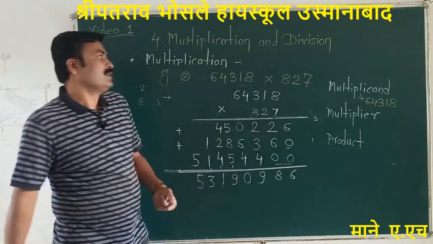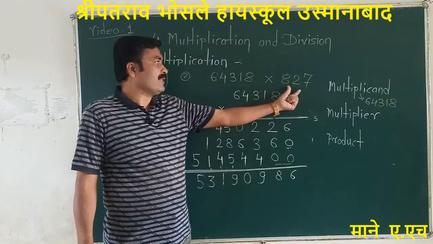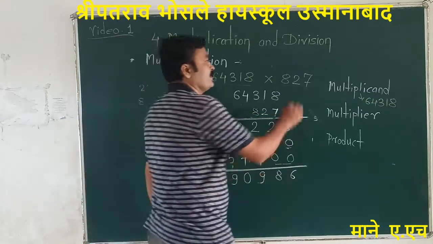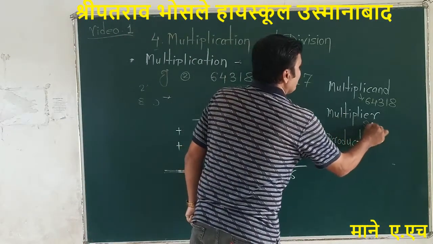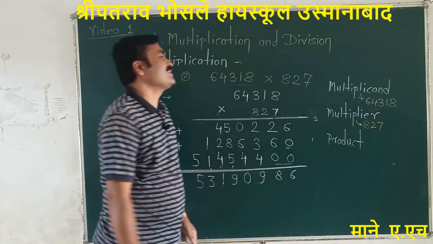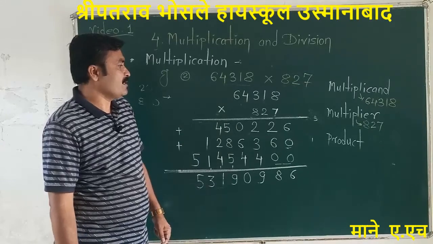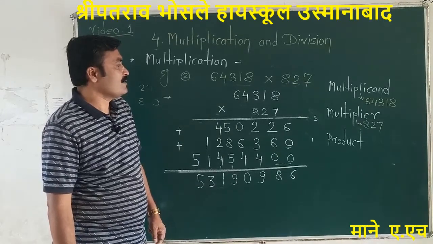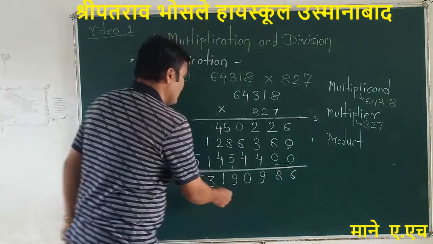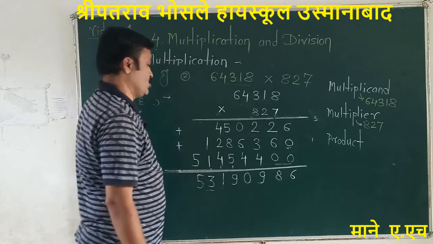Thereafter, the number by which we multiply is always called the multiplier. So 827, this number is called the multiplier. After that, the final answer that we get as the result of multiplication of these two numbers is known as the product.